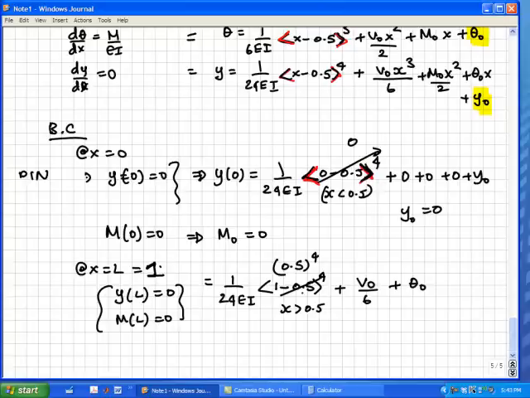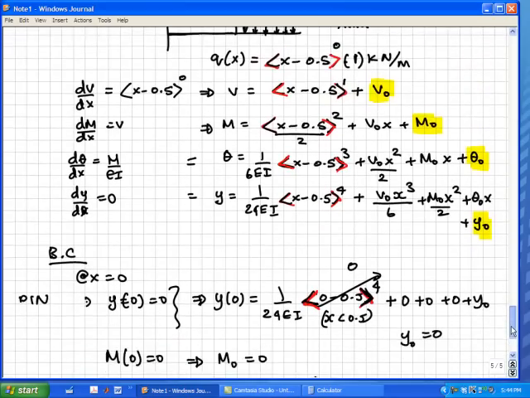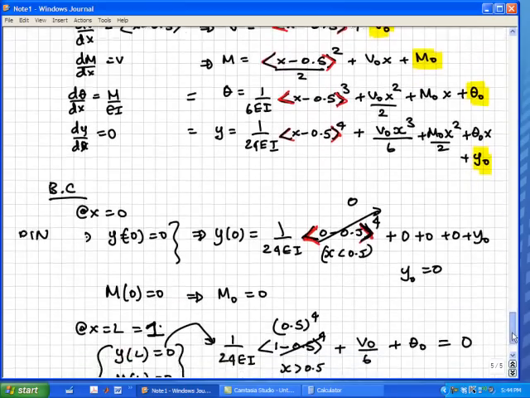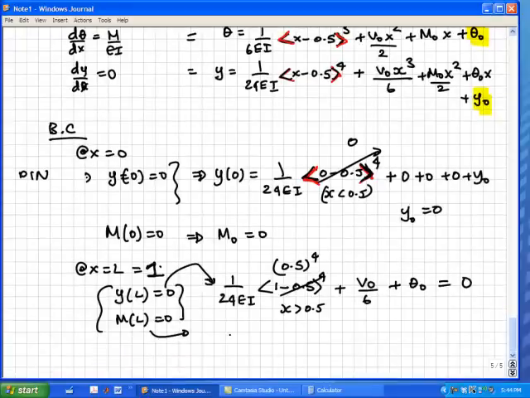Then the next one, that's what this gives us. This one will give us <x minus 0.5> squared over 2, which is 1 half times <1 minus 0.5> squared plus V naught.